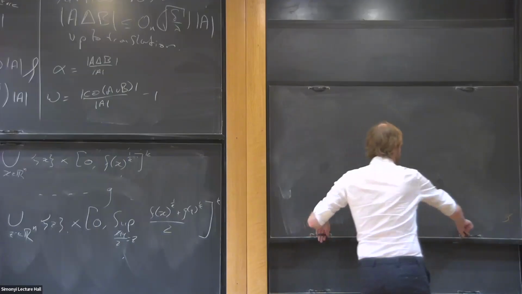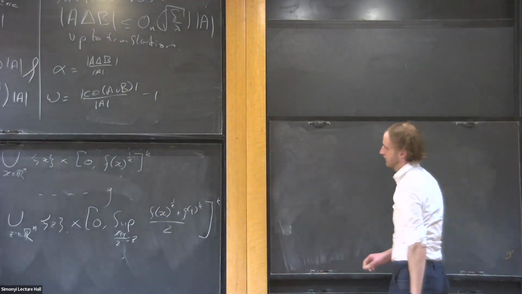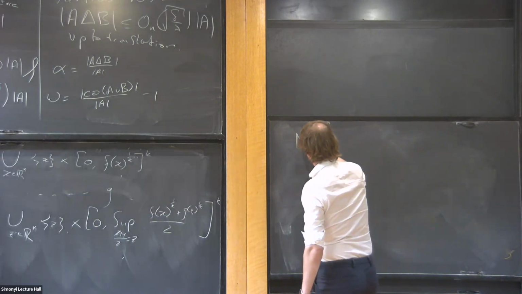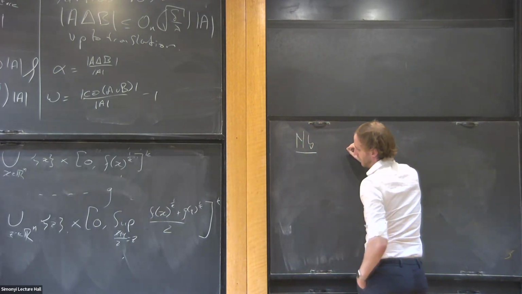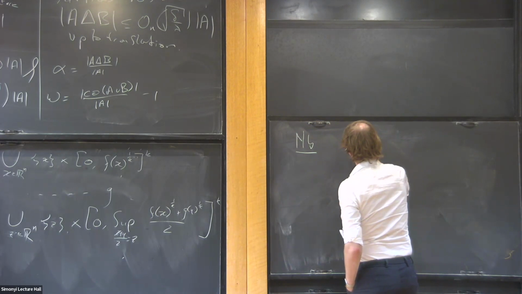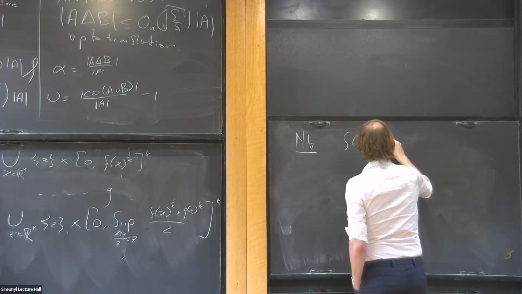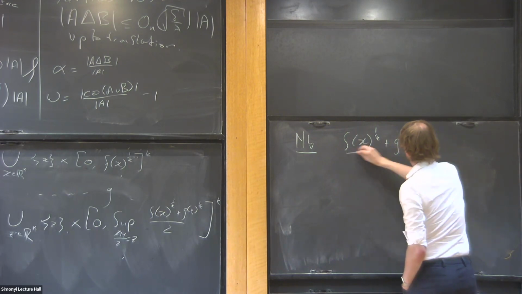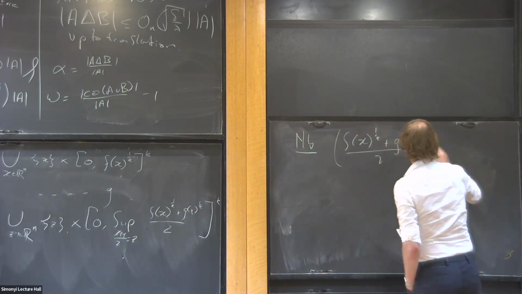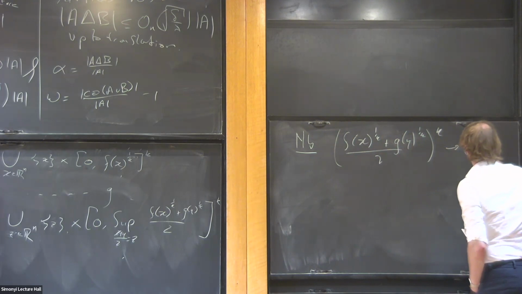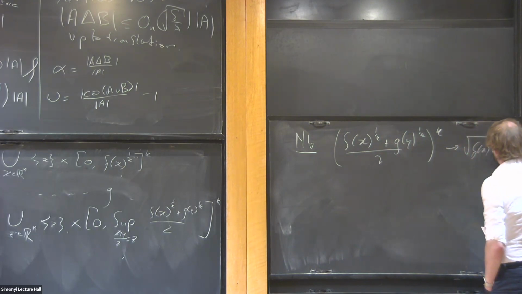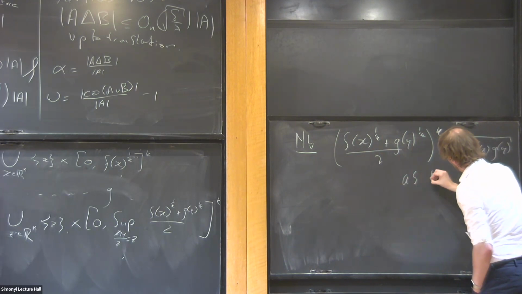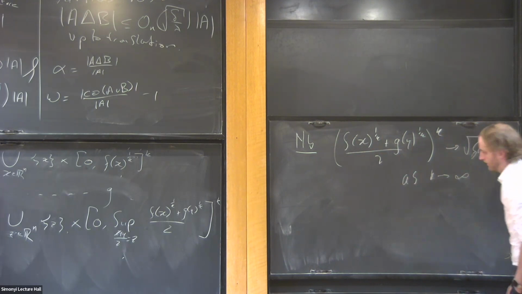So note that (f(x) to the 1 over k plus g(y) to the 1 over k) over 2, to the k, tends to the square root of f(x) g(y) as k goes to infinity.